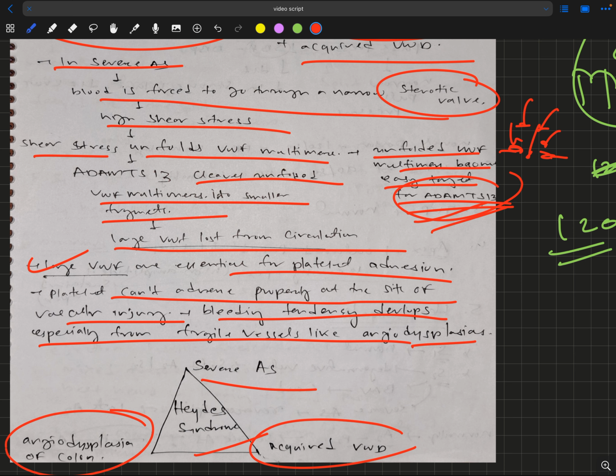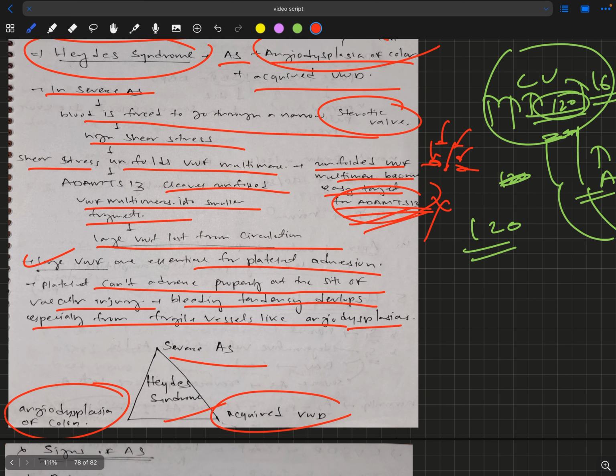ADAMTS13 deficiency leads to TTP, thrombotic thrombocytopenic purpura. So what happens in TTP? In TTP there is no ADAMTS13. Now these von Willebrand factor multimers consume all the platelets and clotting factors from the blood.